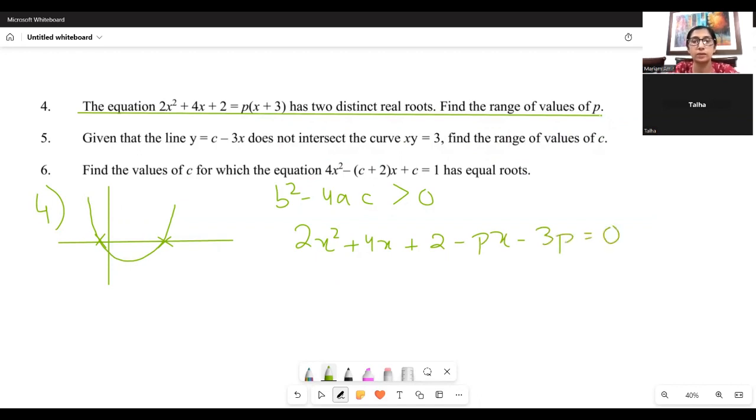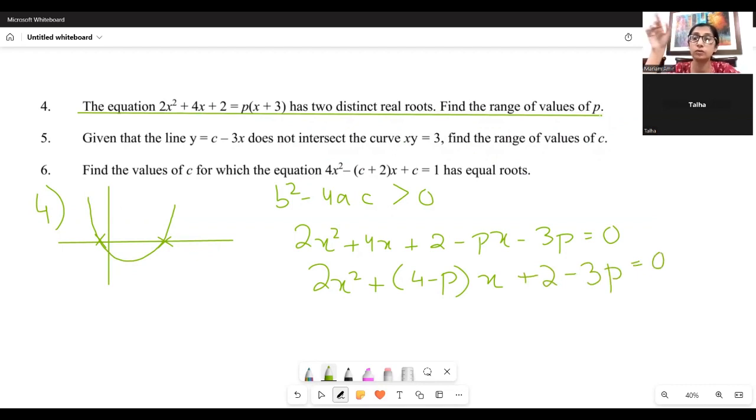So 2x squared plus bracket 4 minus p bracket x plus 2 minus 3p equals to 0.